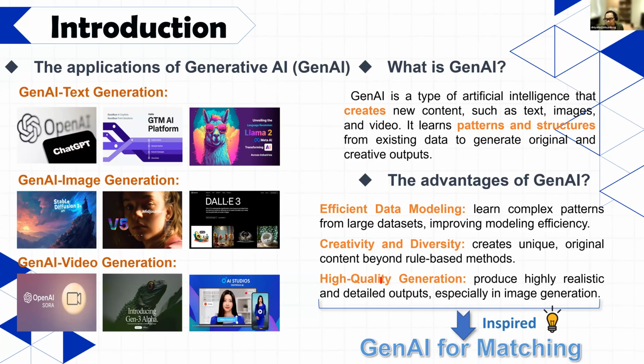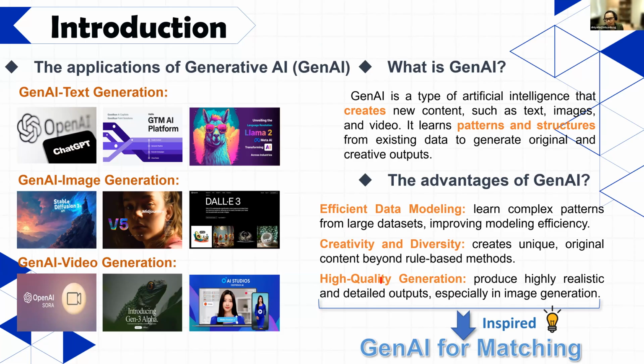There are many advantages of generative AI. We just highlight here that it can provide efficient data modeling, because generative AI can learn complex patterns from large data sets, improving data modeling efficiency.